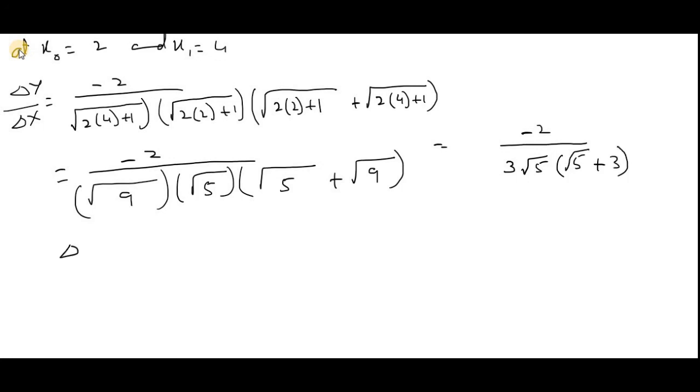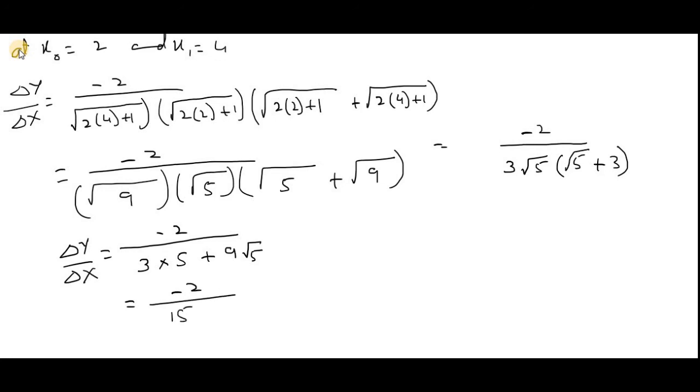So delta y by delta x is equal to minus 2 over 3 multiplied by (5 plus 3 under root 5), minus 2 over 15 plus 9 under root 5.